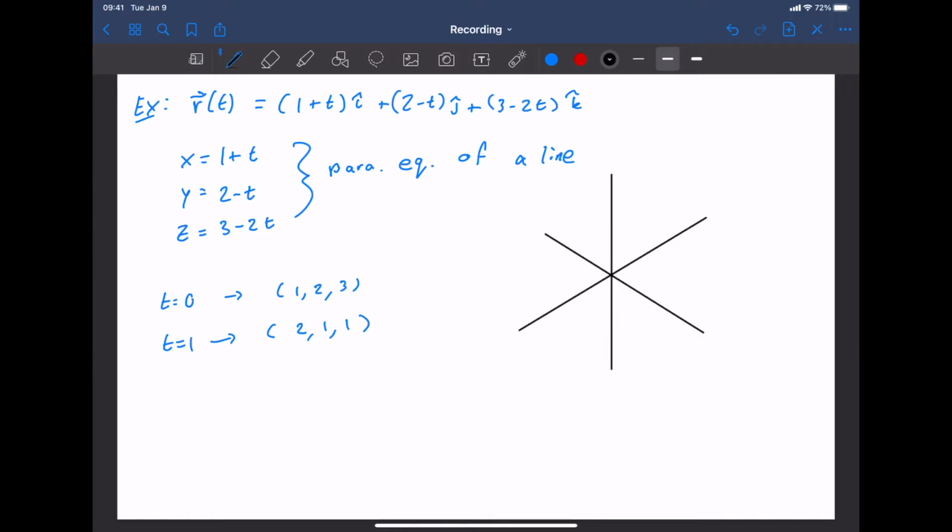I think that looks straight, but I don't know. Sorry. So 2, 1, 1. Just trying to get some coordinates. 1, 2, 3.